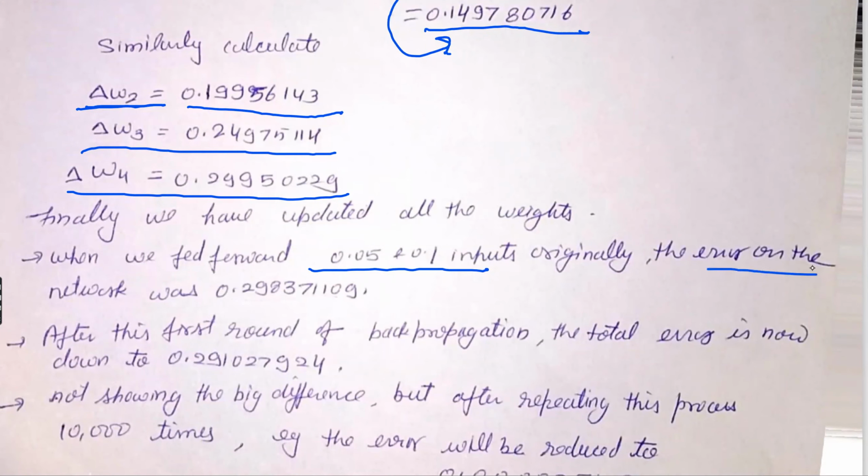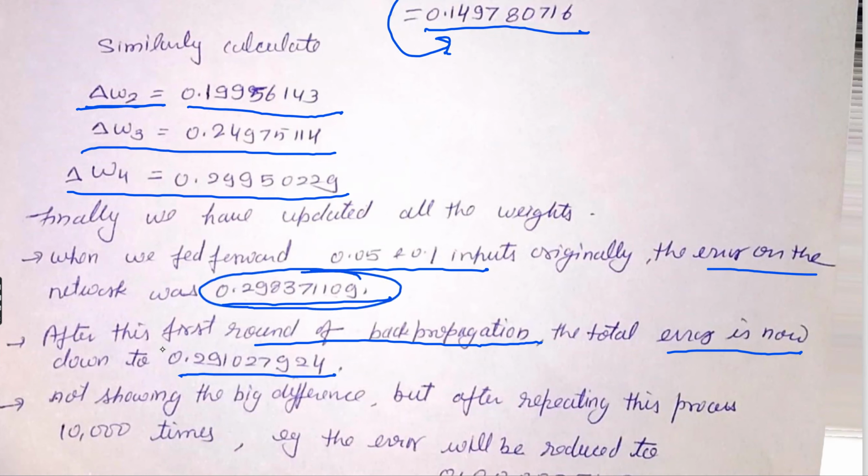And the error was this. After the first round of backpropagation, the total error now is this. Earlier we got this error, and now, after we updated the weights, the error we get is this. Earlier the error was 0.2983711109, and here it is 0.29102792.